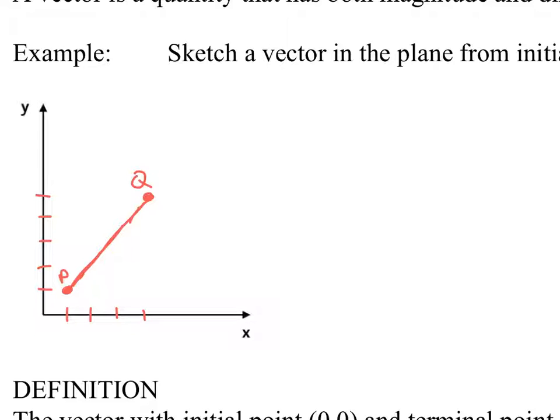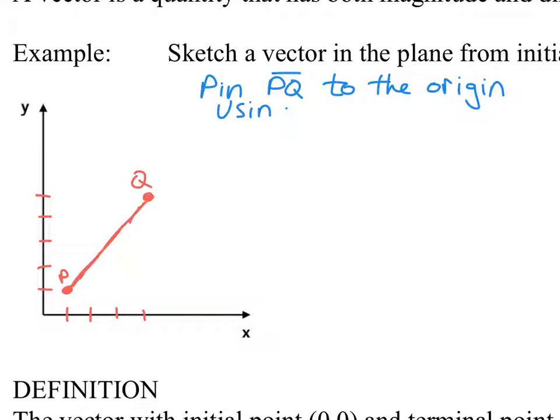What I want to do is I want to pin this line segment at the origin using a translation. So I want to pin segment PQ to the origin using translations. All right, fancy word for shifting the points.